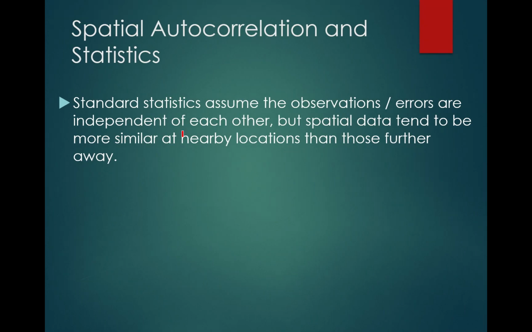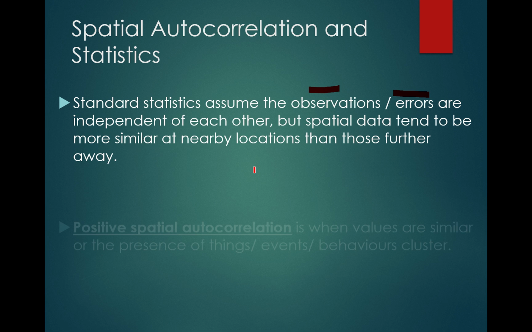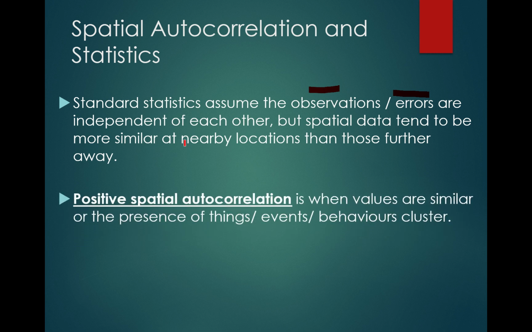A lot of our standard statistical tests assume that either the observations or the errors themselves are independent of one another, in other words that there's no clustering going on. But if we have spatial autocorrelation, we're going to tend to have more like values closer to one another, so that assumption doesn't necessarily apply.